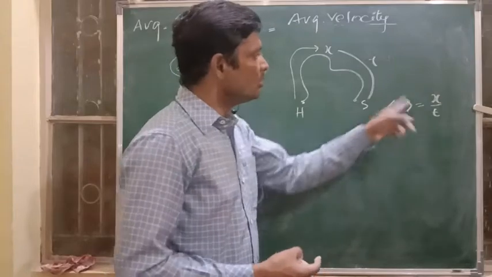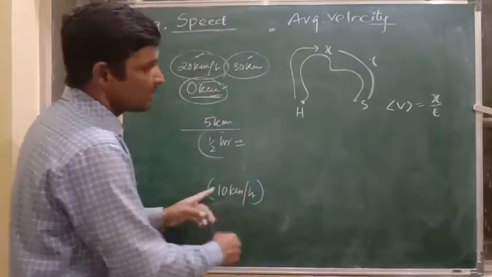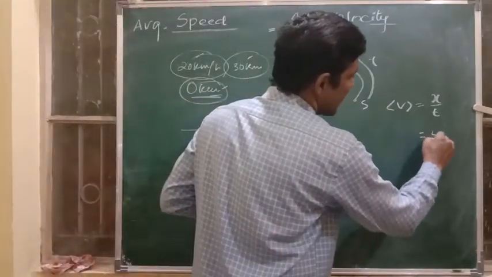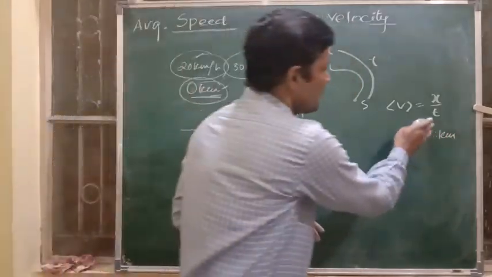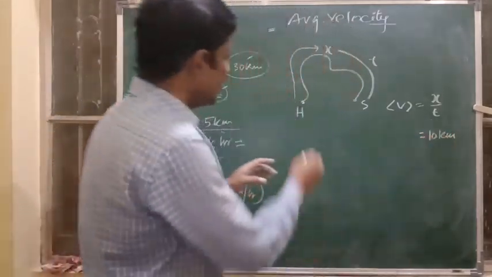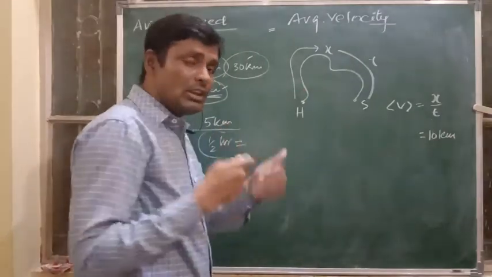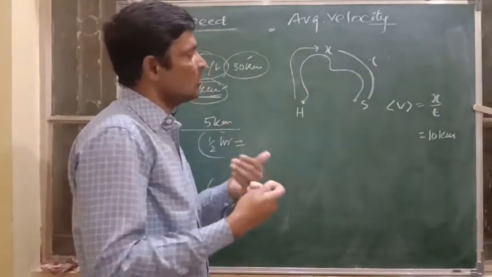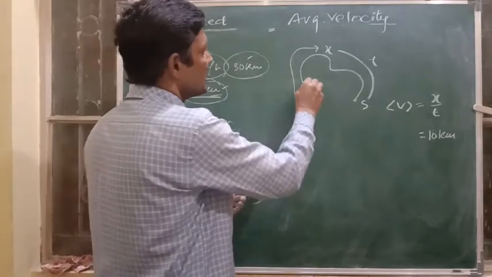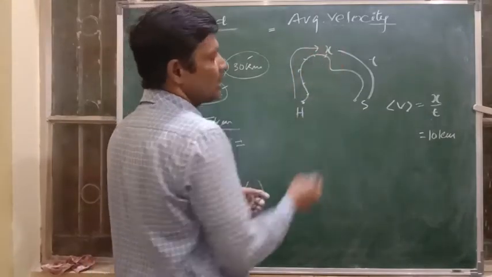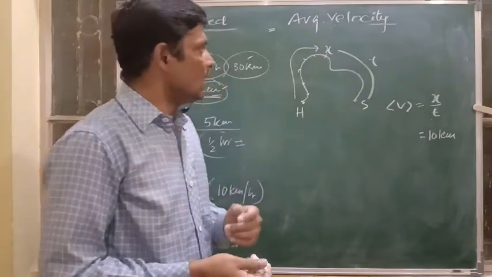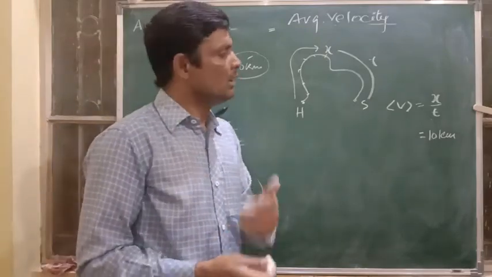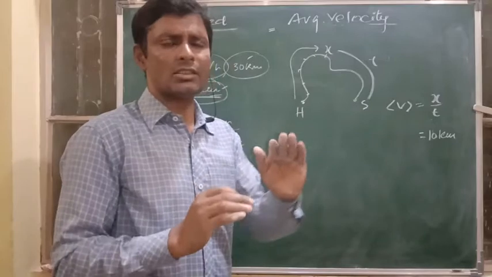And now from this example, your average speed is 5 kilometer per hour, or you can say 10 kilometer per hour. So in your everyday school-going way, you take different speeds at different points, but one day you are in your vehicle and you ask your driver to just take a constant speed.